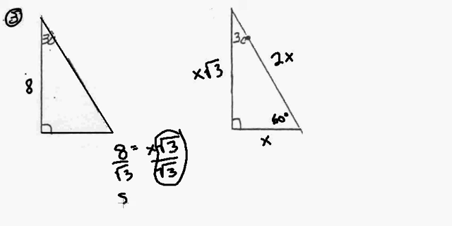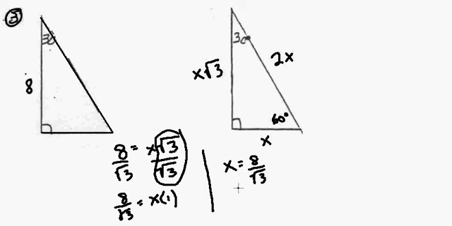So basically we have 8 over the square root of 3 is equal to x times 1. Well, 1 times x is just x. So here I've got x is equal to 8 over the square root of 3.